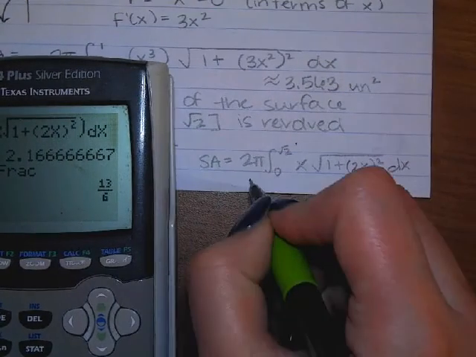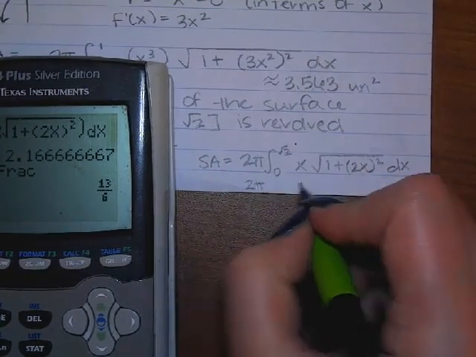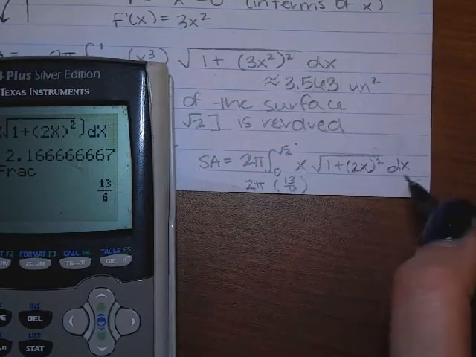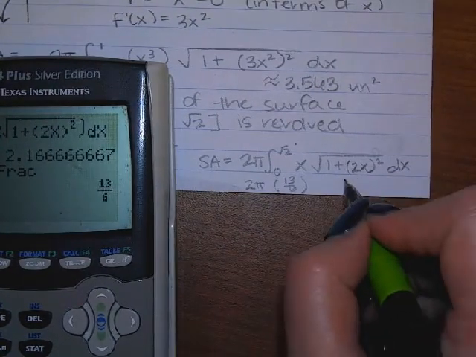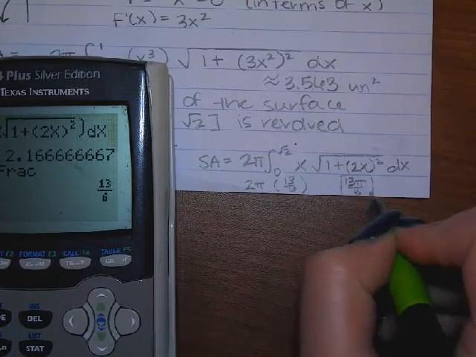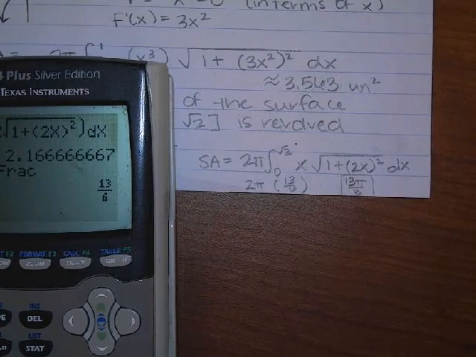So it's 2 pi multiplied by 13 over 6, or 13 pi thirds, or a decimal answer would have been fine.